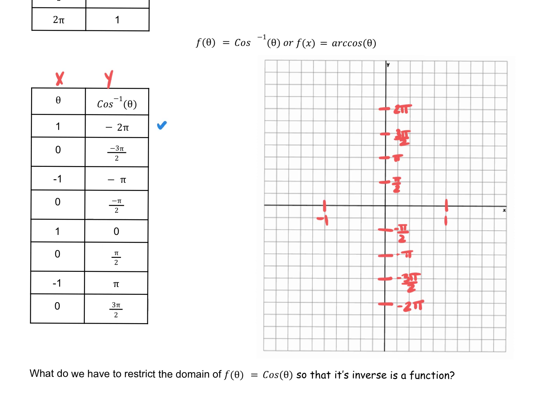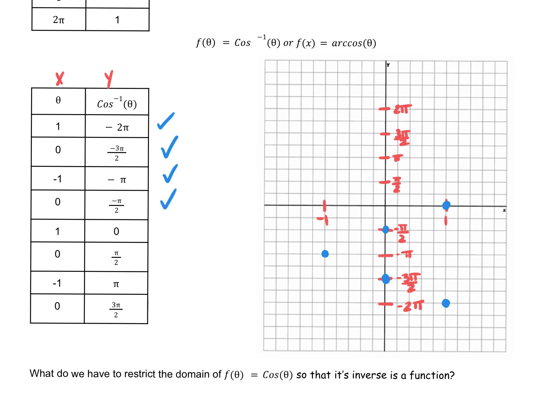We're going to plot the point 1, negative 2 pi. So we're going to go over 1 and down 2 pi. Then 0, negative 3 pi over 2. Then we go down left: negative 1, negative pi. And then 0, negative pi over 2.